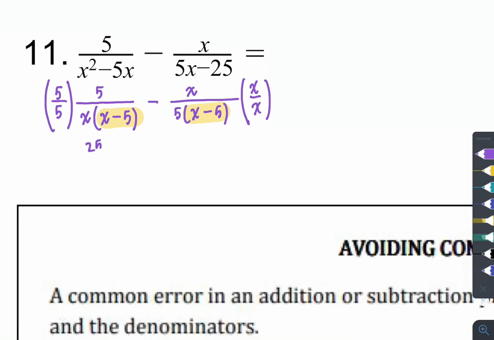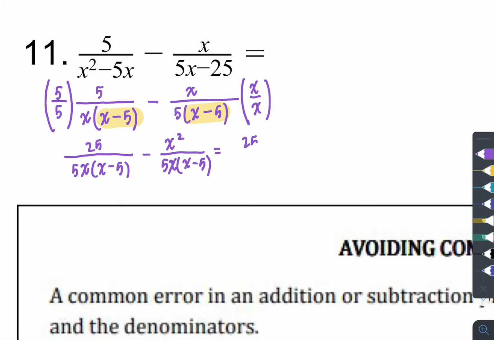So then I'm going to get 25 over 5x times x minus 5 minus x squared over 5x times x minus 5.